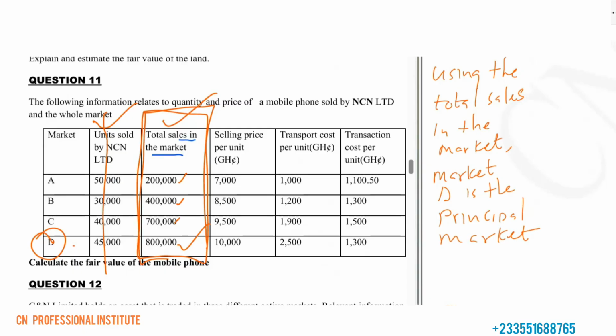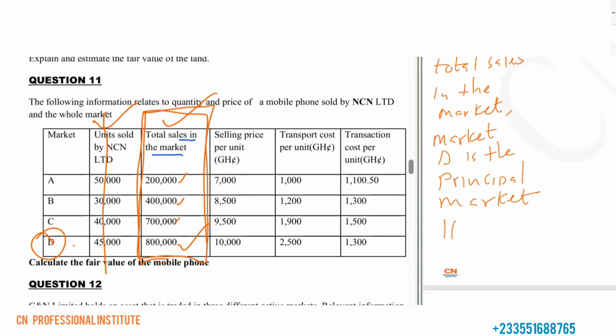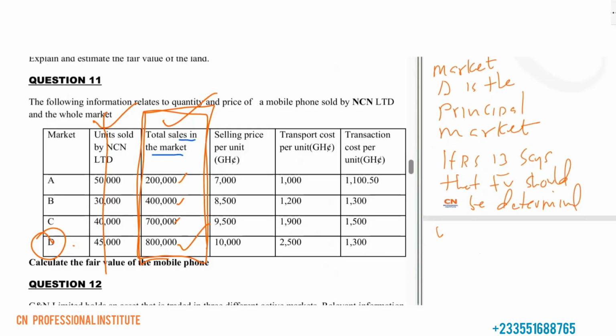Or the active market. Yes. Even before this, you have to state that. Okay, so you can add this. You can say IFRS 13 says that fair value should be determined using the principal market.